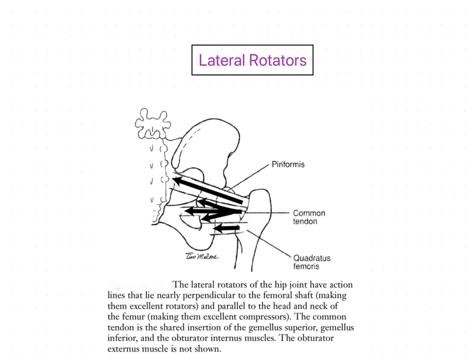This is the major function of these lateral rotators. So this is all about the functions of the musculature around the hip joint.